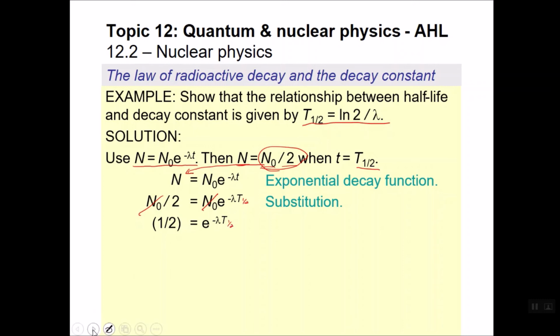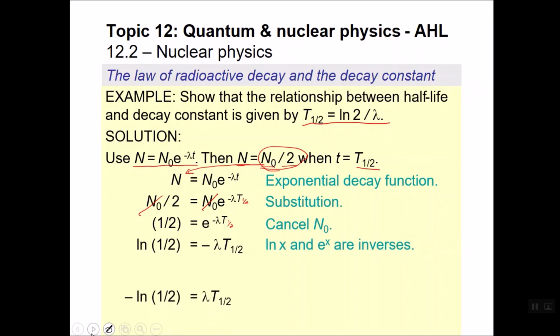All right, so next thing to do, let's just take the natural log of both sides. And we end up with natural log of 1/2 equals negative lambda T. Okay, we move the negative over to this side. That's just a math trick.